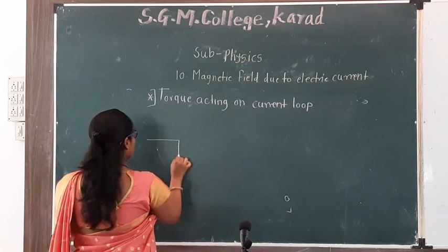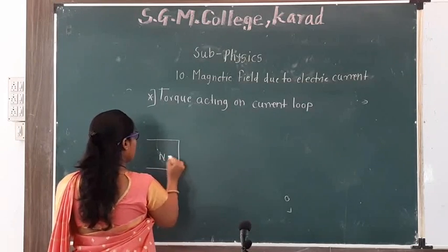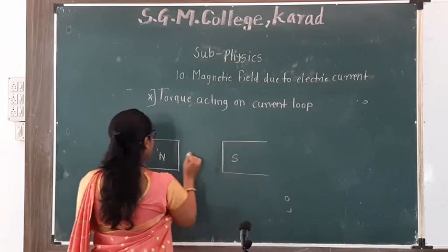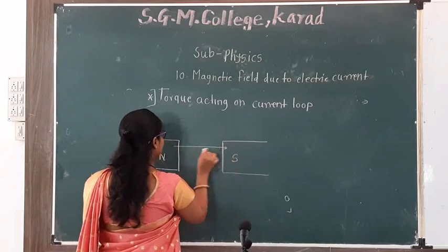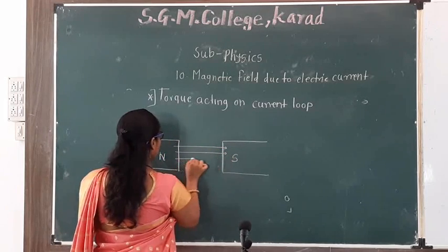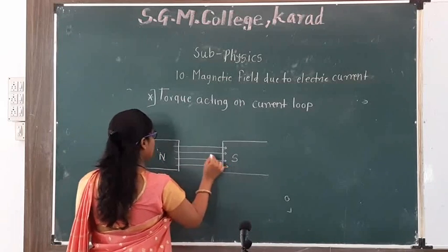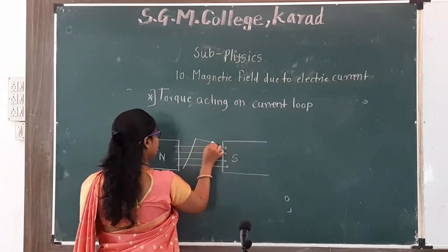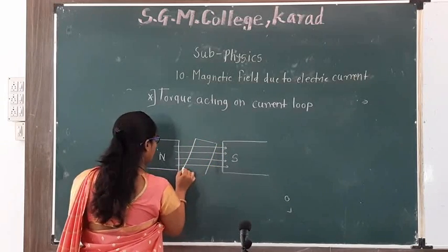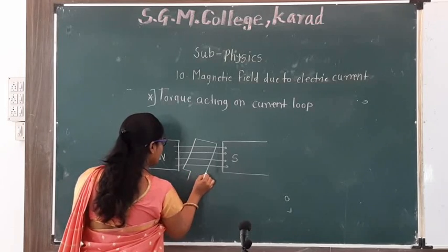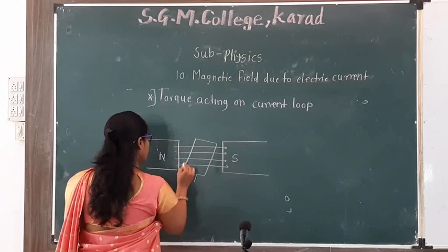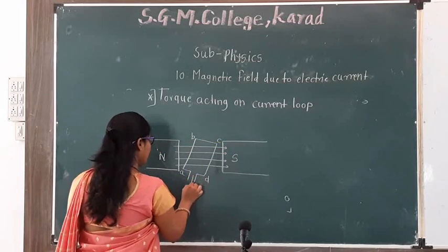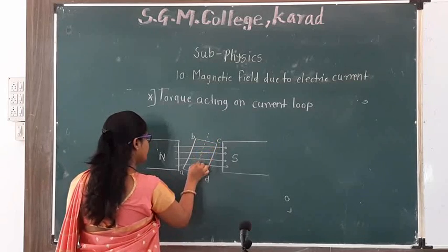Here there are two poles of a magnet. Here is the uniform magnetic field. In this uniform magnetic field is the rectangular coil. This one is the rectangular coil, with the name A, B, C, D, and here is the central axis.